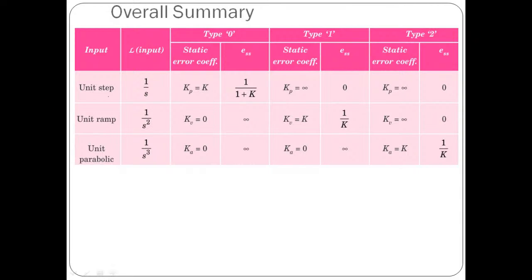So finally, we conclude that, for example, if we are dealing with a type 0 system, the mathematical expression to calculate the steady state error when we excite that particular system with unit step input excitation is nothing but 1 upon 1 plus k. This is very important.